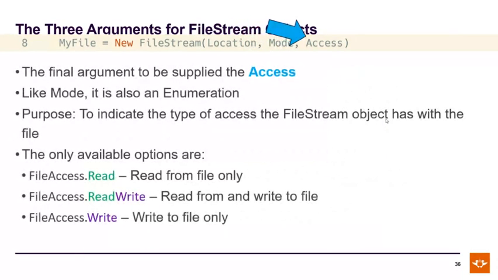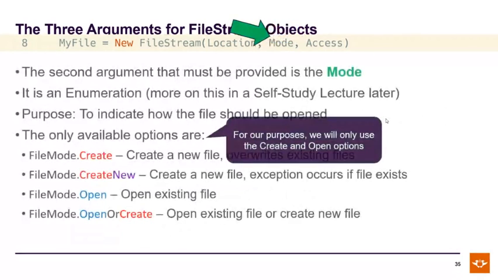Right. And then you have the access. So the access, what is the mode data type? Okay, so it's an enumeration. So it's essentially an integer. So you'll have one of these 4. So you'll use the enumerations that come with the file mode.